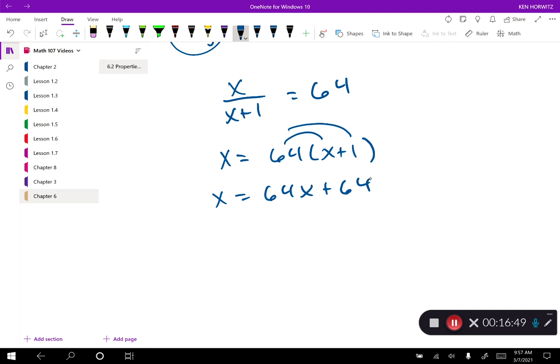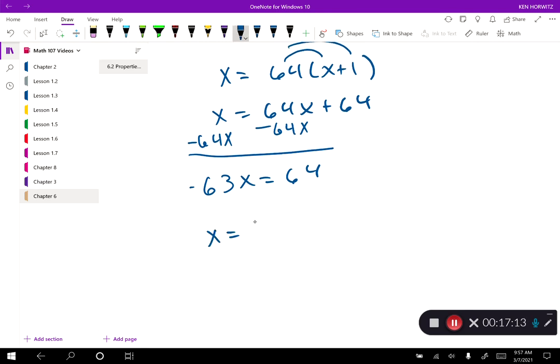All right. And now I'm going to subtract 64x from both sides. And I get negative 63x equals 64.